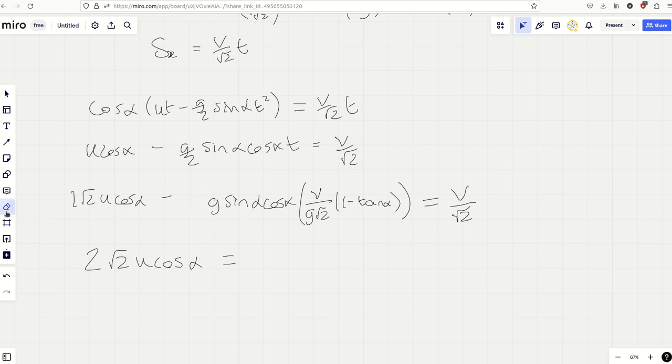Where did this root 2 come from? Sometimes as I'm talking, I actually get things wrong because I'm talking. Let me just check. I times that by cos alpha. That's u. Yeah, I divided through by t. It's helpful if you tell yourself, because otherwise I'm going to make a mistake. U cos alpha, and then there should be a cos alpha here. Yeah, that's g over 2. And then I timesed everything by 2 root 2 here.